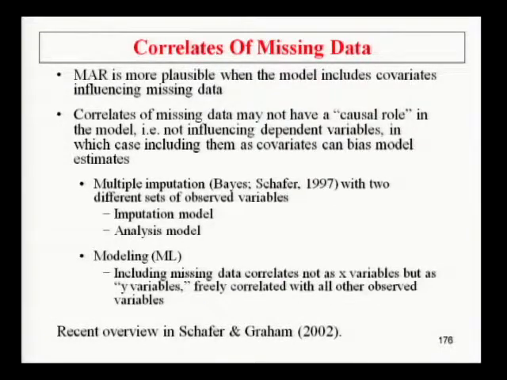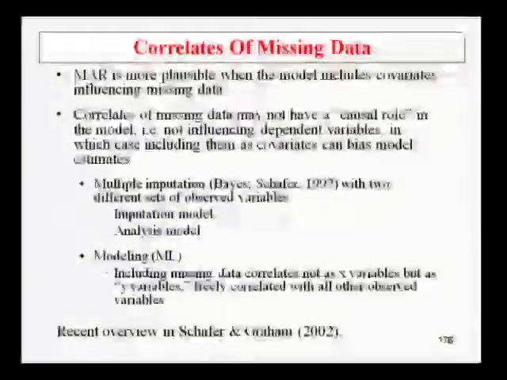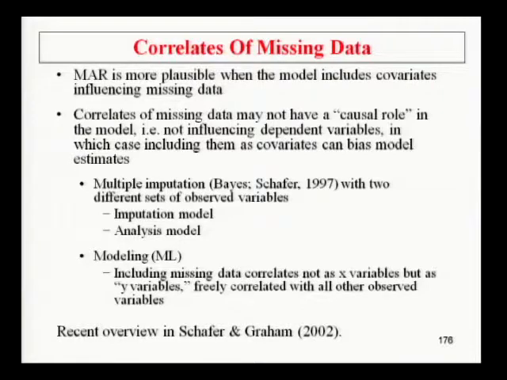So a longitudinal study, for instance, people may stay in the study longer, have less missingness if, say, they are more highly educated, older rather than younger, I don't know. So if you have covariates in the model that influence missingness, then MAR is made more plausible. Because as long as missingness is related to variables that are observed for the subject, MAR holds.